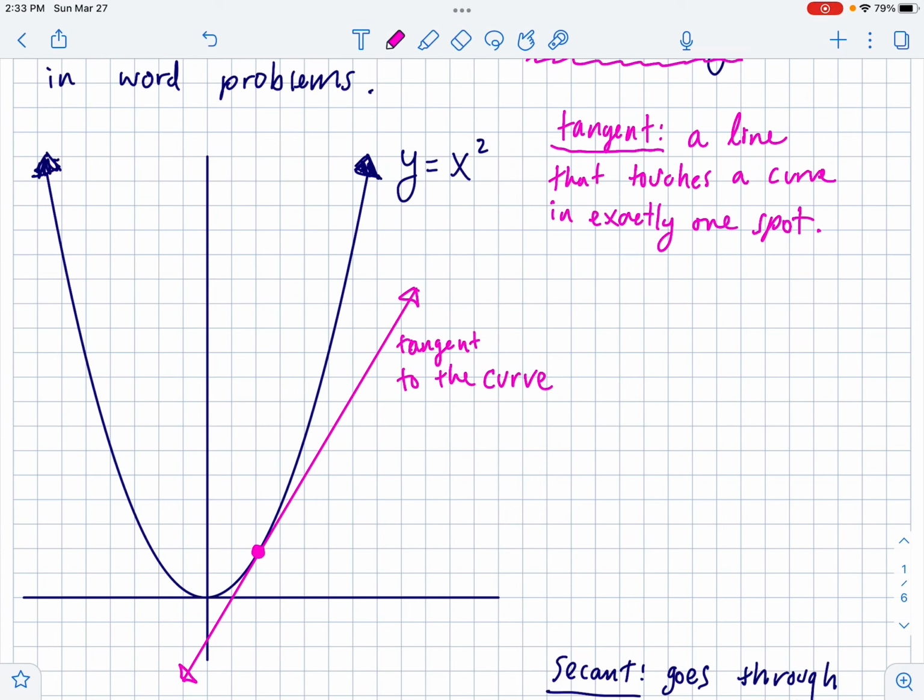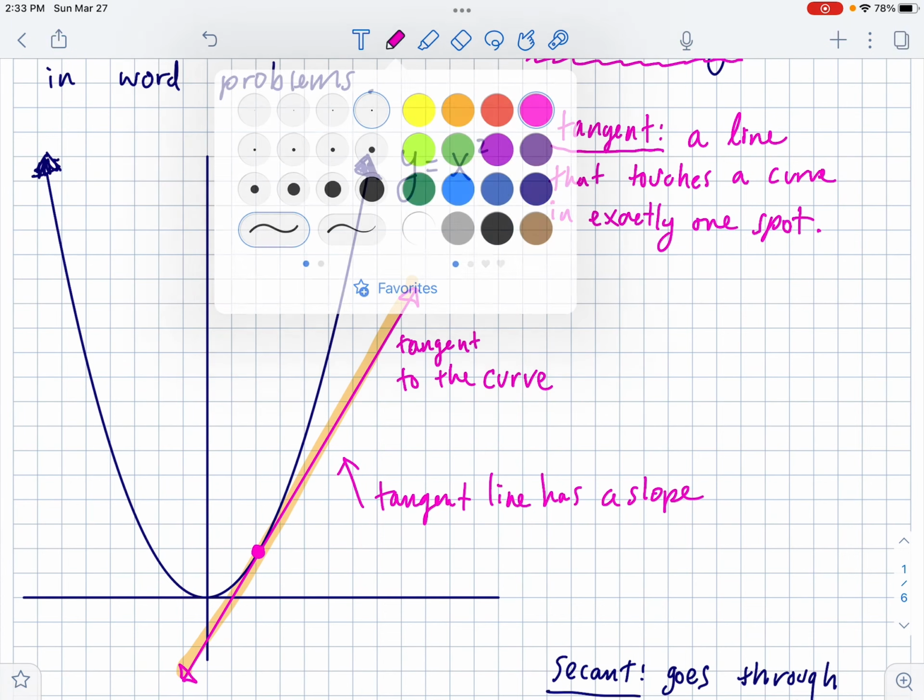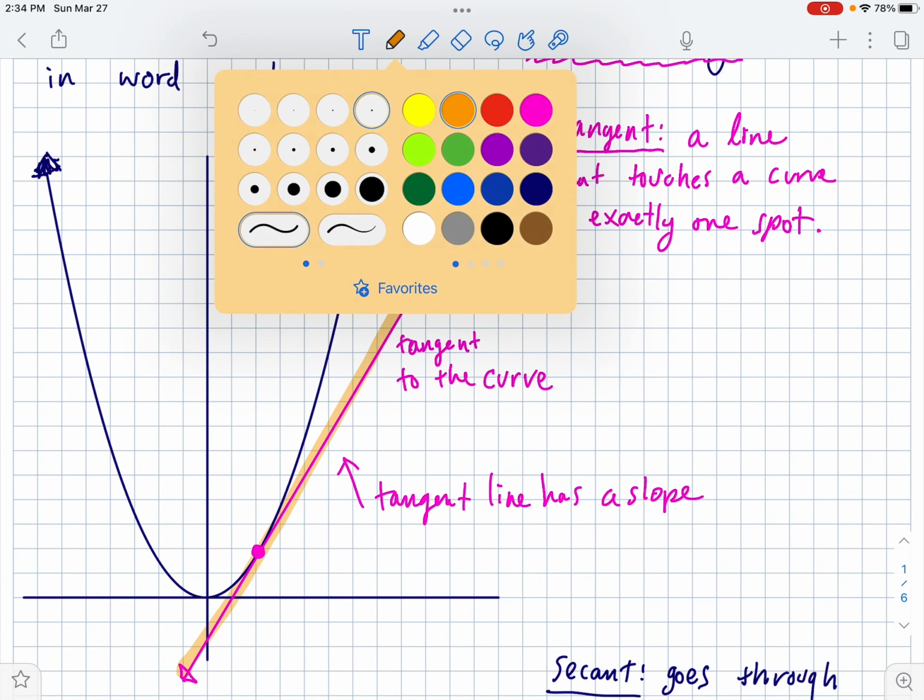The reason we're going to start using tangents is because derivatives really have to do with the slopes of these lines. So this line here has a slope. And I'm going to show you guys algebraically how you can figure out the slopes of these tangent lines at certain points on the curve.